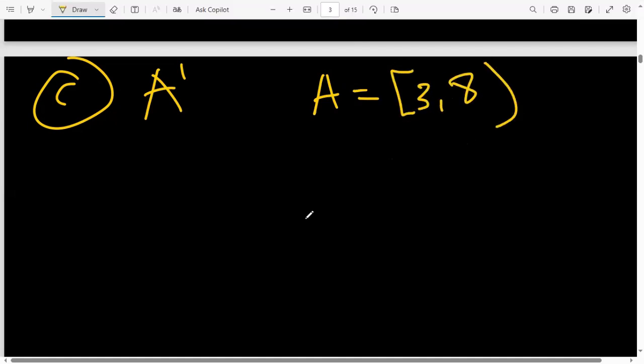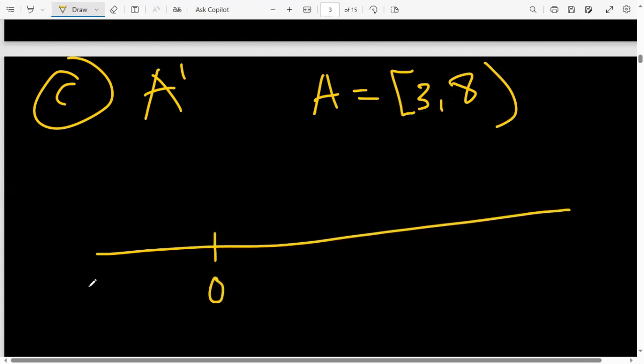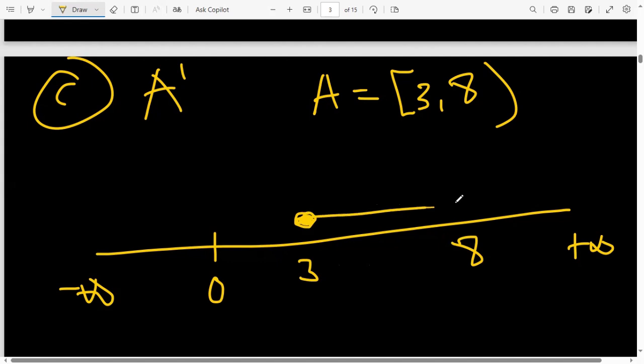This is my A. And then when I draw my number line like that, always put 0 somewhere, from minus infinity all the way to positive infinity here. And then I write these numbers, 3 and 8. As usual, we're going to shade above 3 and then put an open circle on 8. So this is our set A, okay?